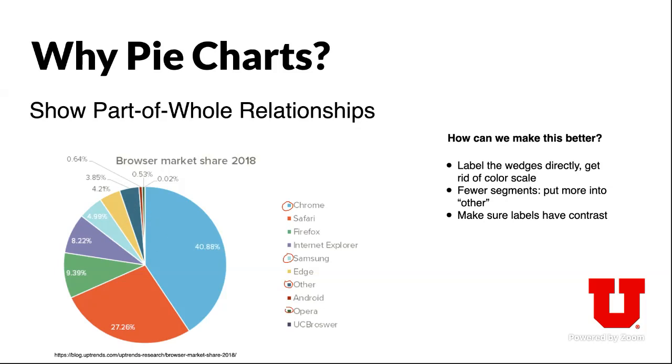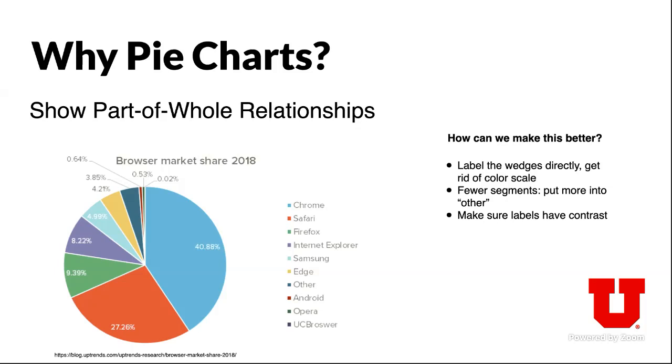So we could just label that directly, or the other thing we could say, we could create fewer segments. So for example, all of these Samsung and Android and Opera and UC browser, they don't really matter all that much for the big picture here. So we could just make the other piece bigger and focus on the ones that have proper segments.